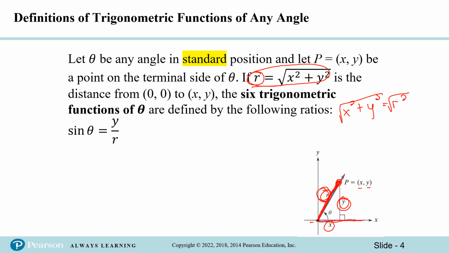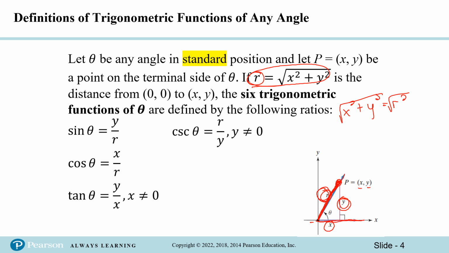The cosine would be the adjacent side, x over r. The tangent is opposite over adjacent, so y over x. Keep in mind that x cannot equal 0 because we cannot divide by 0.